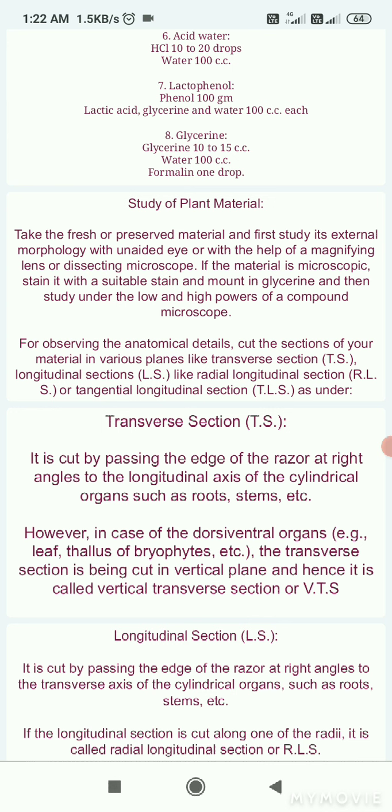In this way, there are different types of sectioning, that is TS, LS, RLS and TLS.